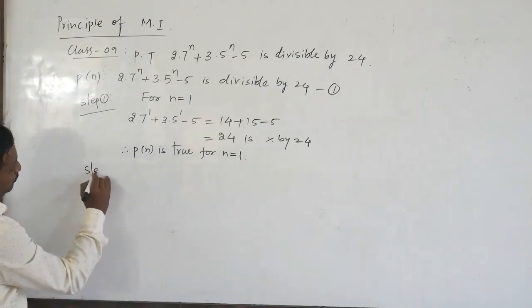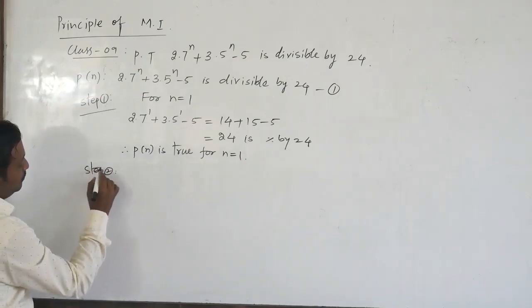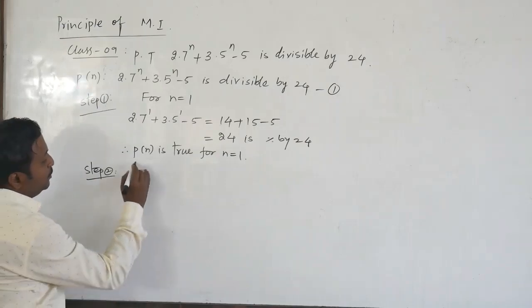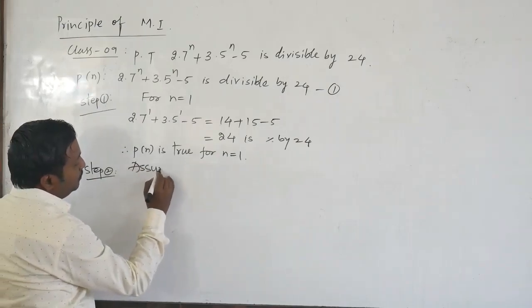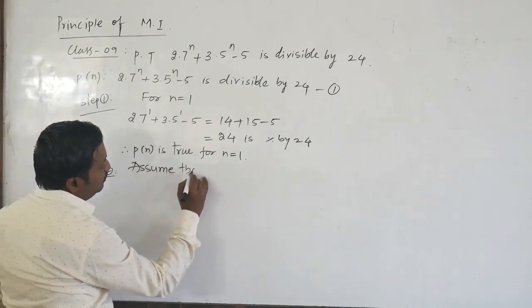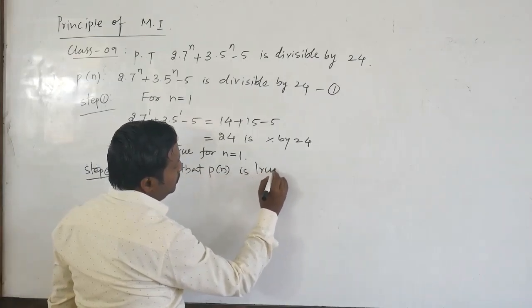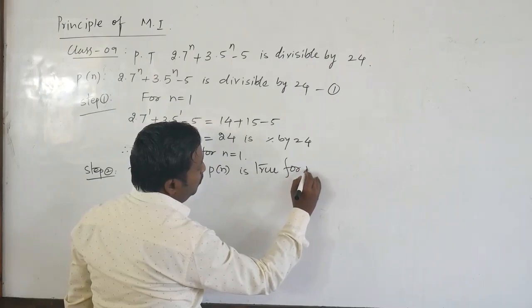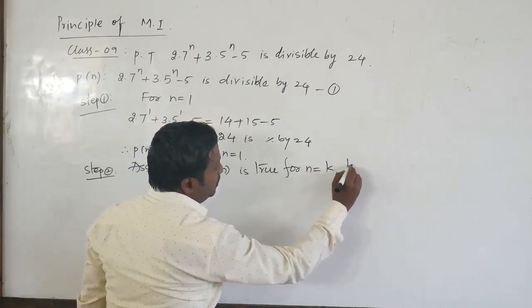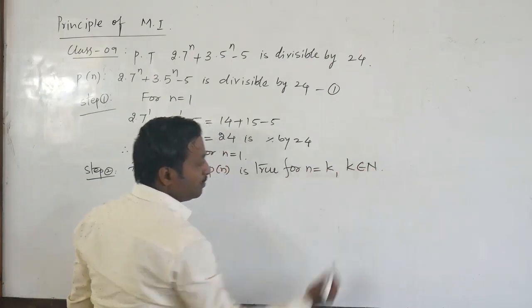Next, step 2. Assume that P of n is true for n equal to k, where k is some natural number.